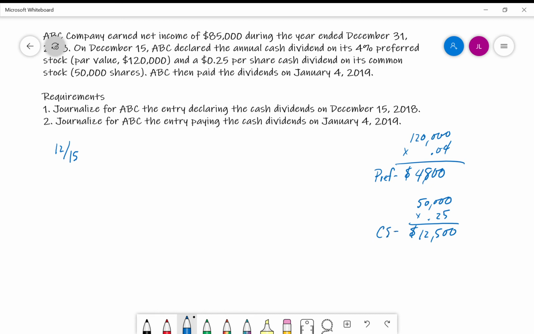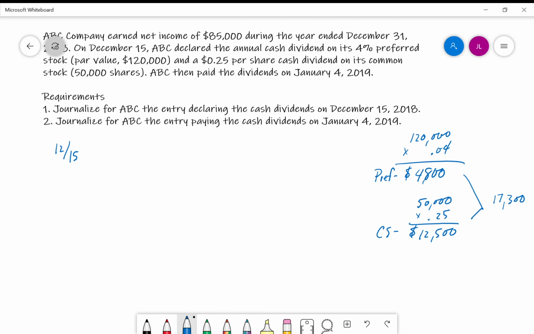So if we add these up, the 12,500 plus the 4,800, we'll get 17,300. So when we declare these dividends, we're actually creating a liability. The business is promising to pay these amounts at a future date.